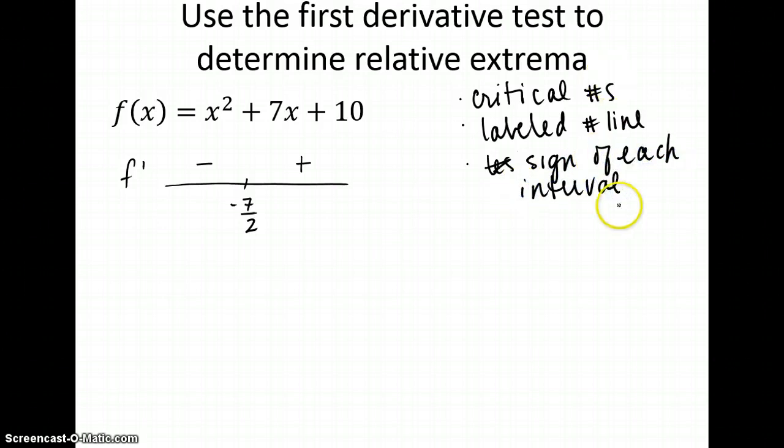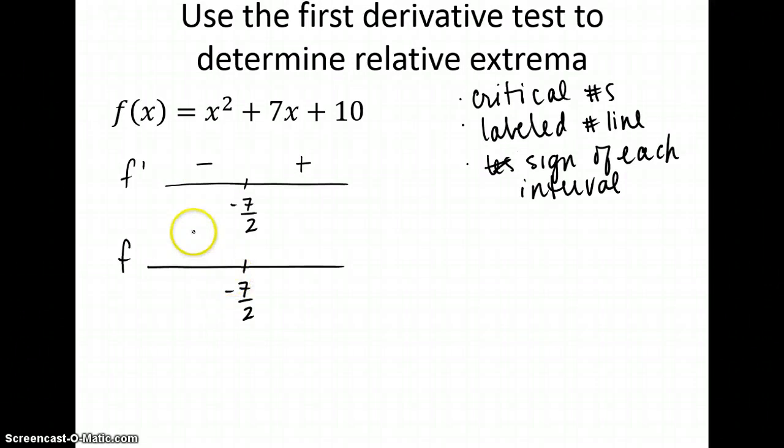We've done these three things on the day 2 notes. So now, what does the behavior of the derivative tell us about the function? If the derivative is negative, we know the function is decreasing. I like to do number lines for both of them because I think it helps you visually. If the derivative is positive, then the function is increasing.